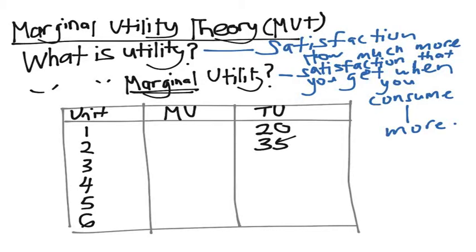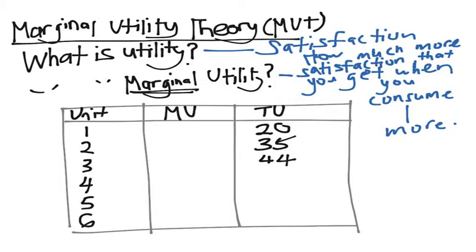Now I give you a third piece of bread. Same thing, you are still satisfied, but you may not increase your satisfaction as much as with the first or second piece of bread. Let's say now your satisfaction grows to 44. Same goes to the next one. You increase your satisfaction less and less.